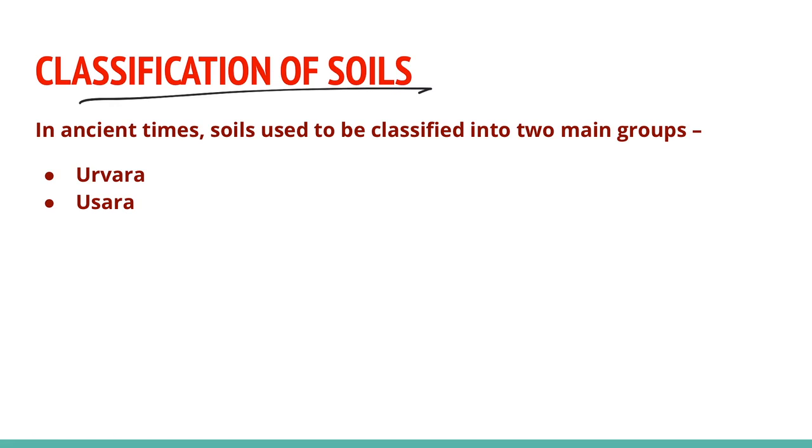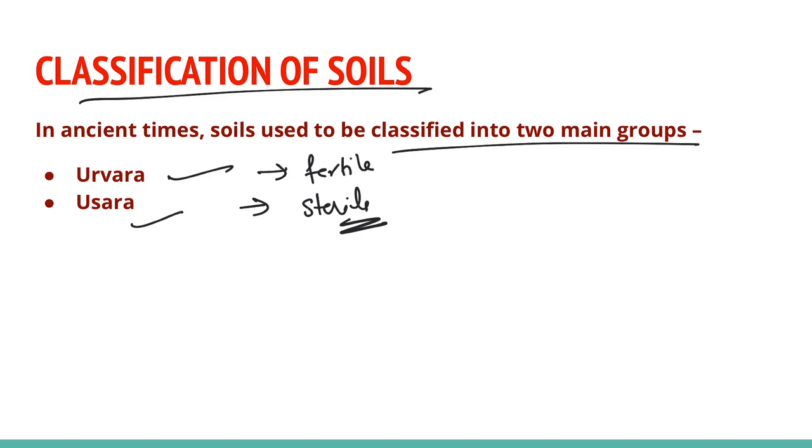In ancient times, soil used to be classified into two main groups, Urvara and Usara, which means Urvara refers to fertile and Usara refers to sterile. In the 16th century, soils were classified on the basis of their inherent characteristics and external features such as texture, color, slope of the land and moisture content in that particular soil.